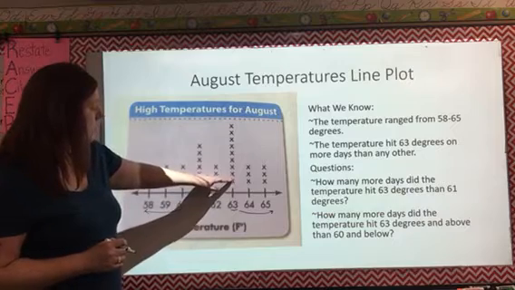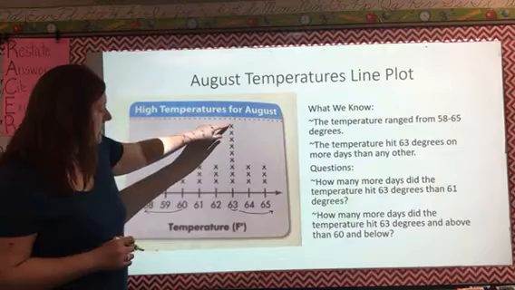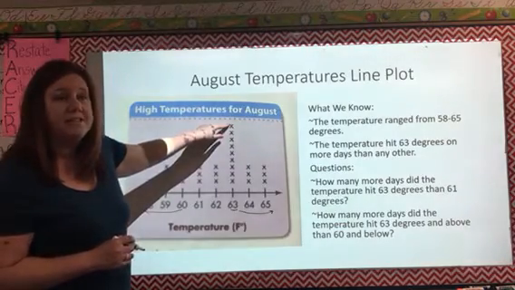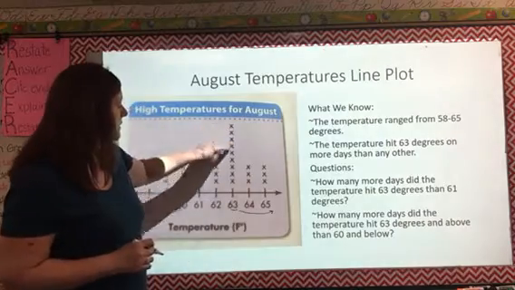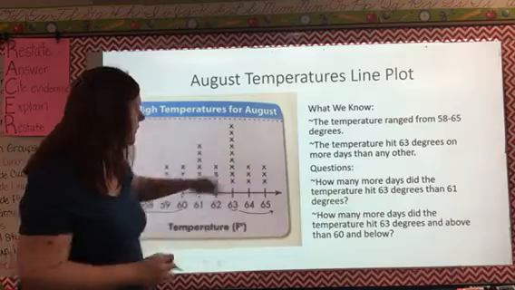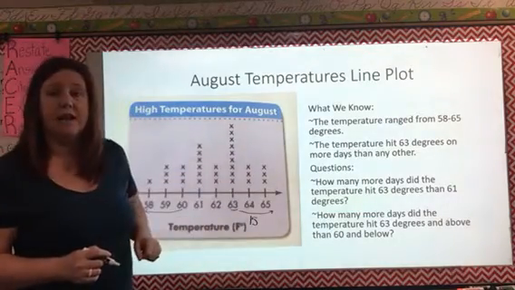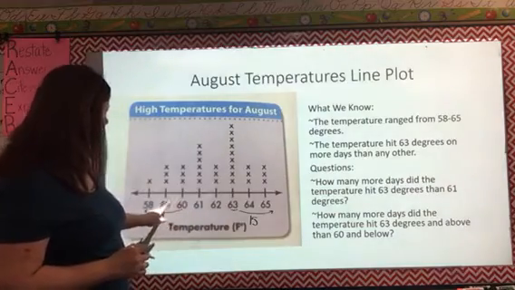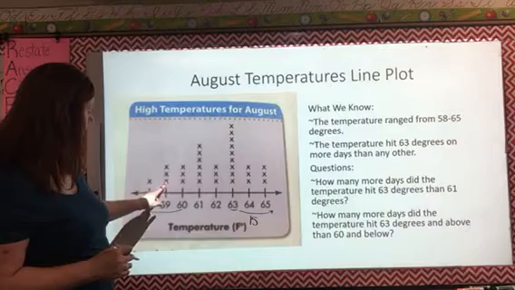Let's double check. 1, 2, 3, 4, 5, 6, 7, 8, 9, but it's asking for 63 degrees and above, so we also need to include those. So this was 9, 10, 11, 12, 13, 14, 15 over here, and then 60 and below. So we need to look at the 60, the 59, and the 58. We have 3 and 3 is 6.